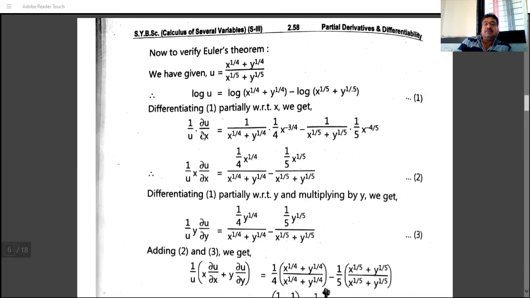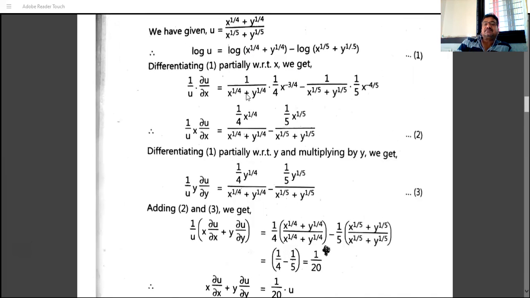Then for log u, the derivative is 1 by u, ∂u/∂x, and for the log of x rule, 1 by this quantity, this bracket, into the derivative of this bracket with respect to x, is 1 by 4, x raised to 1 by 4 minus 1, that is minus 3 by 4, minus the same for this factor: 1 by this factor, into the derivative of this with respect to x, is 1 by 5, x raised to 1 by 5 minus 1, is minus 4 by 5.